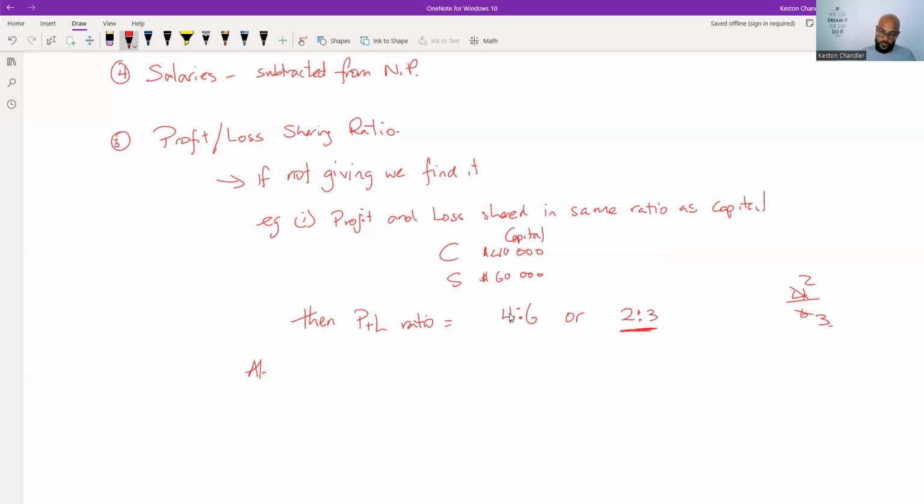Also, you want to convert the ratio to fractions by adding the numbers together to determine the denominator.